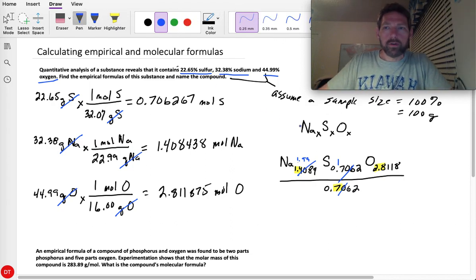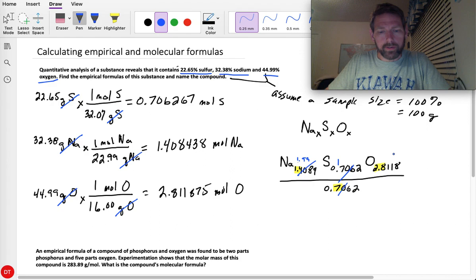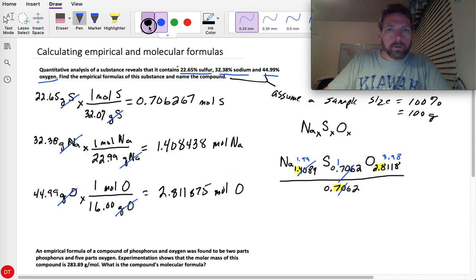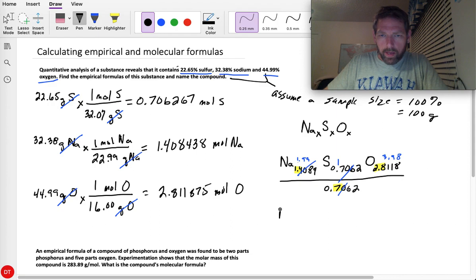So far, this is working out nicely. So after we've done our math, what we have is sodium 1.99, sulfur, which is 1.00, and oxygen, which is 3.98.